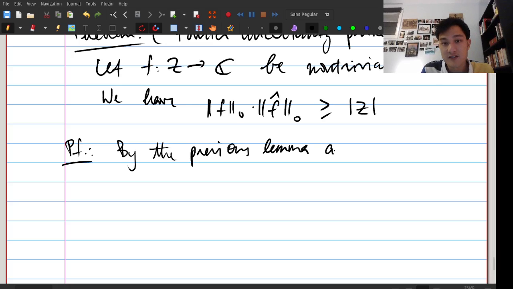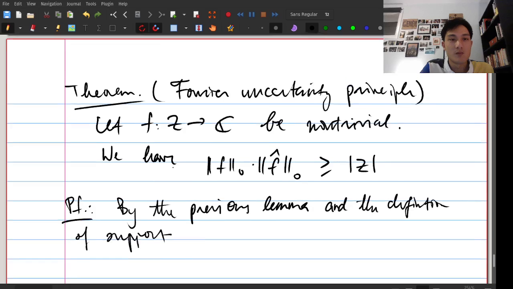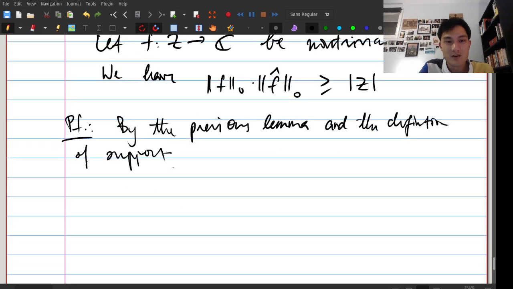and the definition of support. What we're going to do is a kind of tricky thing, where we do everything in terms of this max.